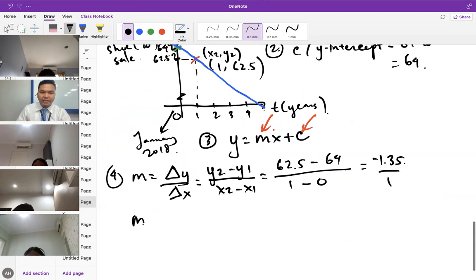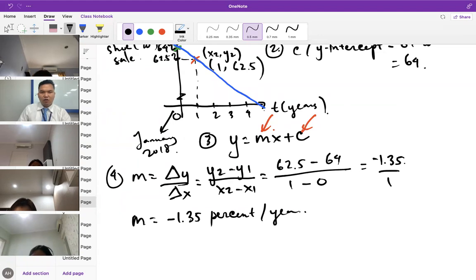Therefore, the gradient is minus 1.35% per year.